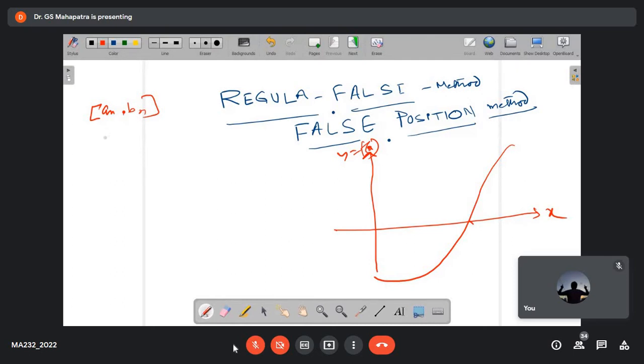Here we are finding a positive root, on the right-hand side; for a negative root it is the same procedure. What is the condition that at least one root lies between An and Bn? f of An into f of Bn is less than 0, so it should be negative. Let us consider this is An and this is Bn.